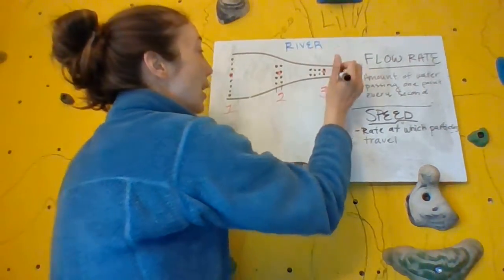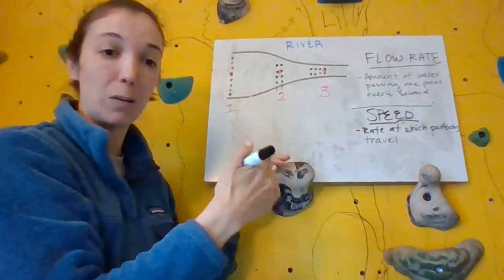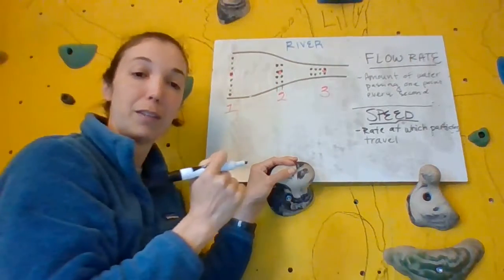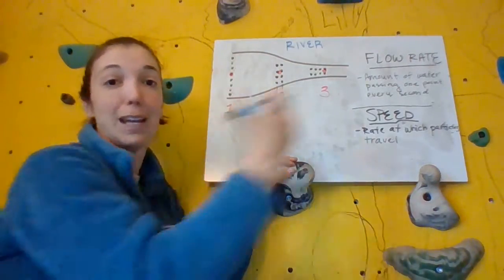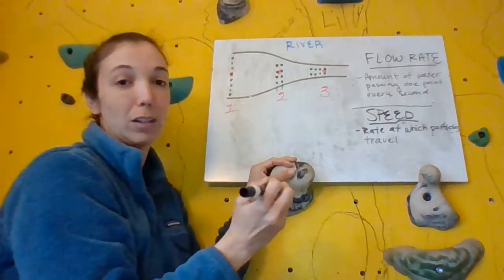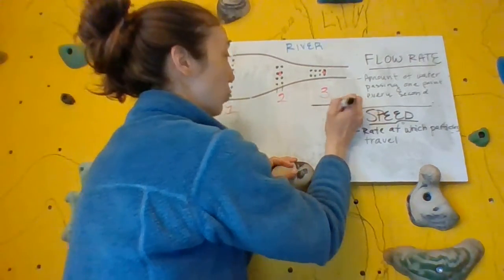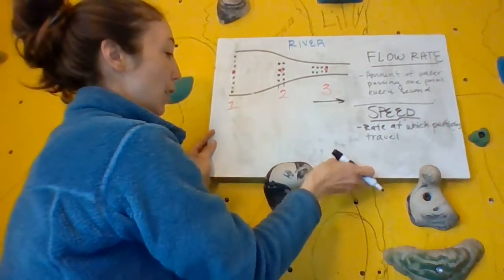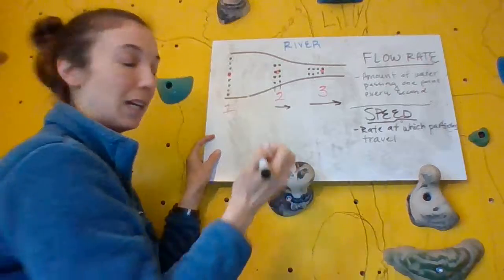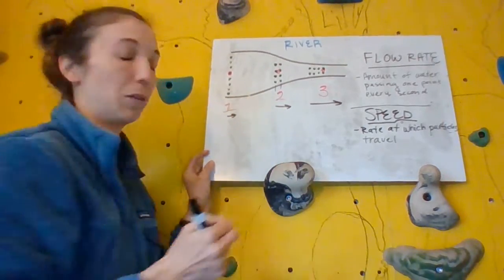So now to get past position 3 in 1 second, all 4 of these columns of particles have to get past position 3 in that 1 second, so they've got to move even faster. So the particles at position 3 have to move the fastest. The particles at position 2 are the medium, and the particles at position 1 can move the slowest.